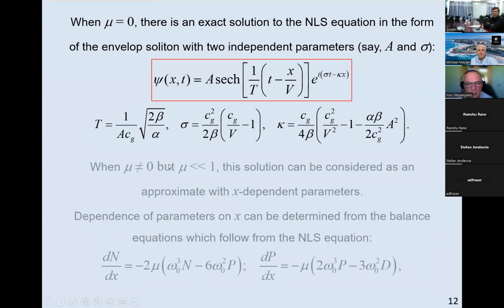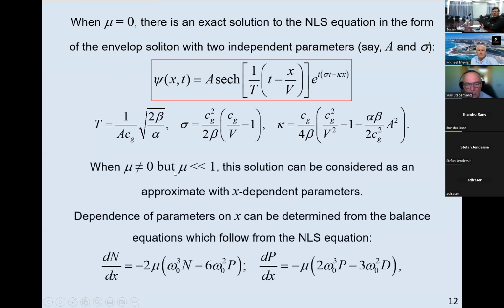If we take into account small dissipation parameter mu, then we can obtain an approximate solution in the form of this envelope soliton, where all parameters now are functions of x.